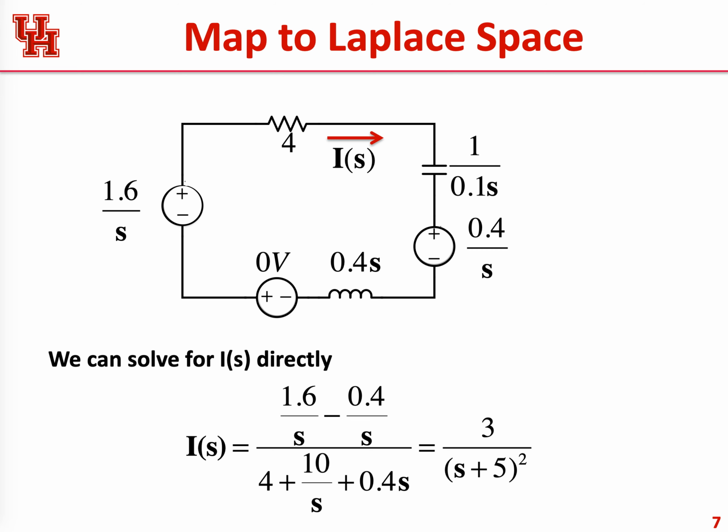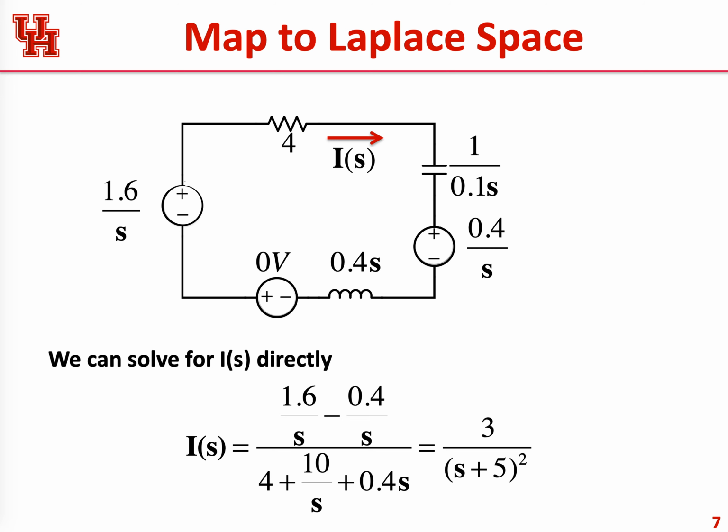So this is going to be 4 for the resistor, plus 1 over SC, which is basically 1 over S times 0.1, which is basically 10 divided by S. So I'm going to write that as 10 divided by S, plus 0.4 S, which is the impedance associated with the inductor. So now we can simplify this.